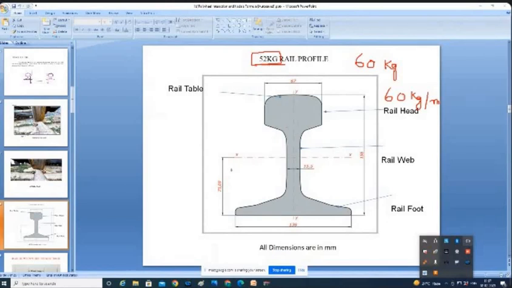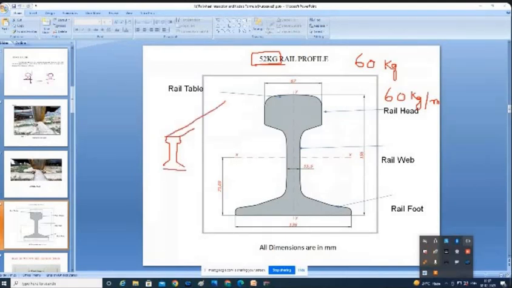52 kg rail means, say this is the rail structure. This is the rail cross section.